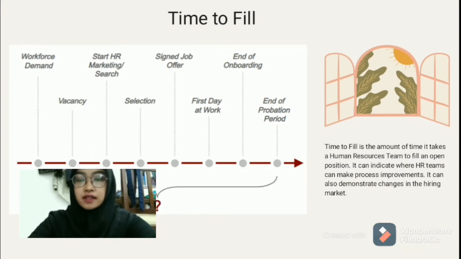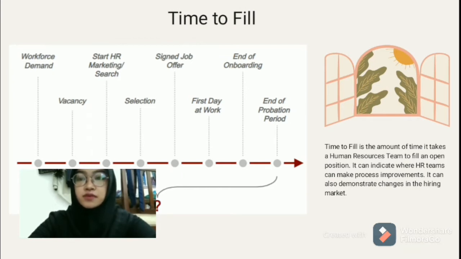So it means that time to fill should be tracked from workforce demand until the end of the probation period, or maybe from when the vacancy is approved to when we select the right candidate. And in real life, we cannot compare time to fill between companies because each company's definition of time to fill might be different.